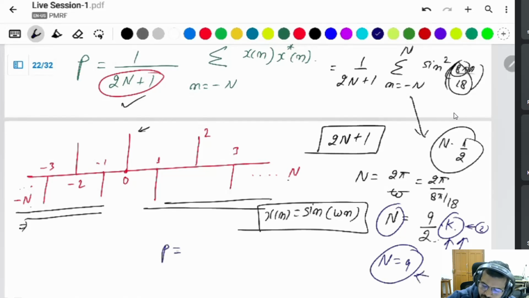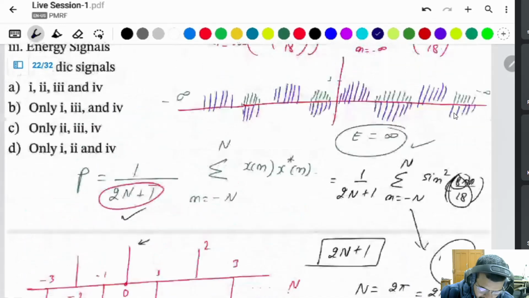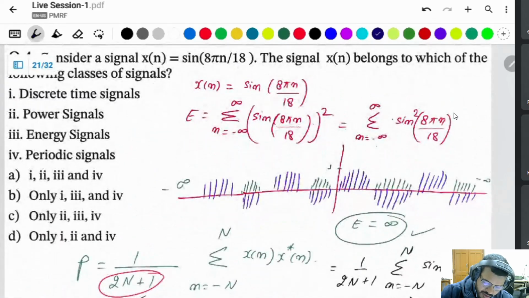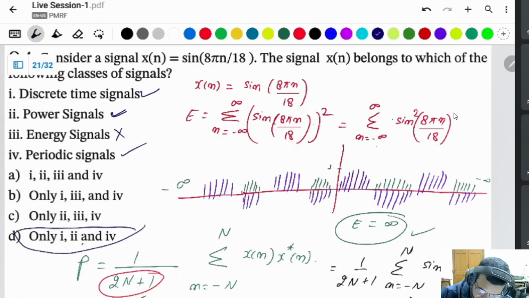Then the power is 9 times half, which is 4.5. It is a finite power, that's why it is a power signal. The discrete signal has energy infinity and is periodic, so the options are first, second and fourth.